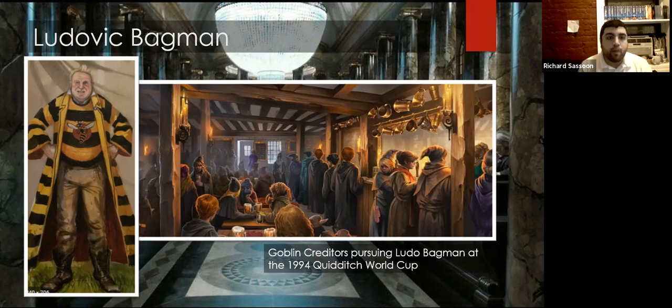It turns out that Krum does catch the snitch, but at a point when his team is 160 points behind, which means that the Bulgarian team loses by 10 points. Forced to pay up, Bagman pays with counterfeit gold, leprechaun gold, which disappears within a couple days. The goblin creditors pursue him, angry that they have been denied their rightful payment.